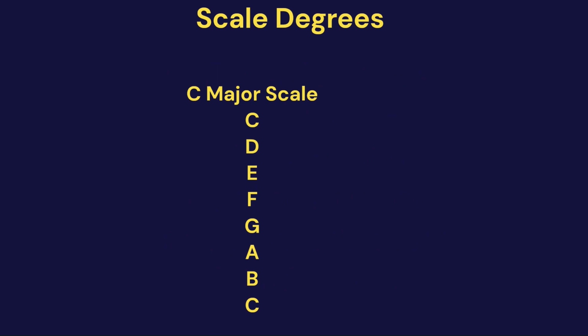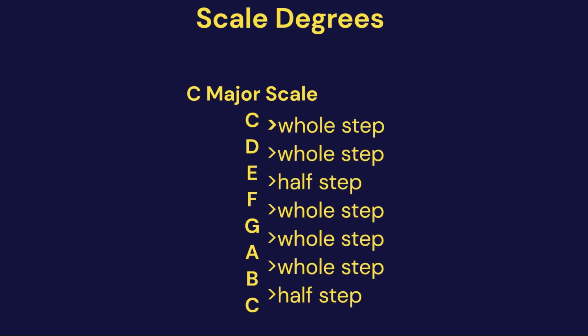So I'm just going to go step by step, since you already know that C, D, E, F, G, A, B, C makes a whole scale. Then we're going to address what a whole step and a half step is, because it's basically a breakdown of what it looks like on a piano.